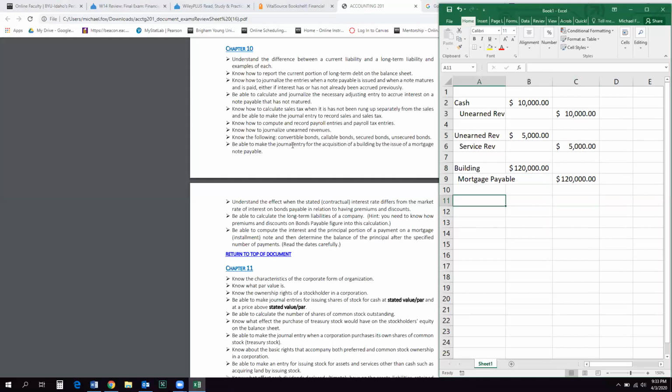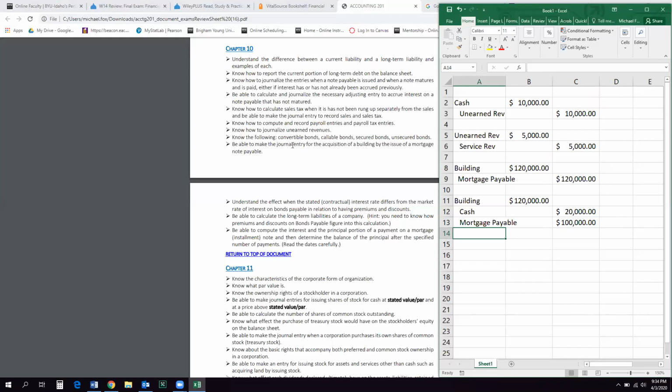Often you'll have a down payment, so they'll pay a portion of it in cash. So then you'd say the building goes up, cash goes down, and the mortgage payable is the difference, right? The amount that you borrowed, like that.